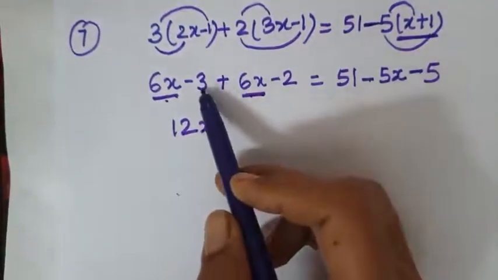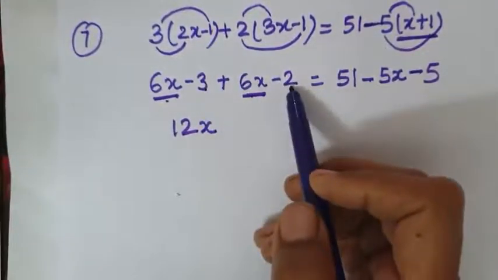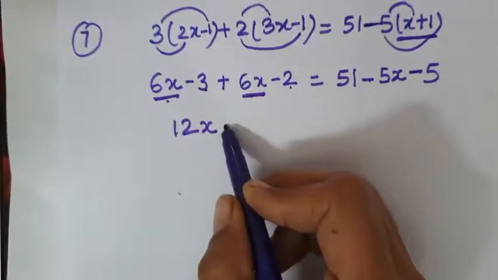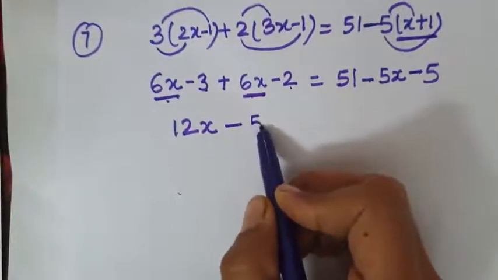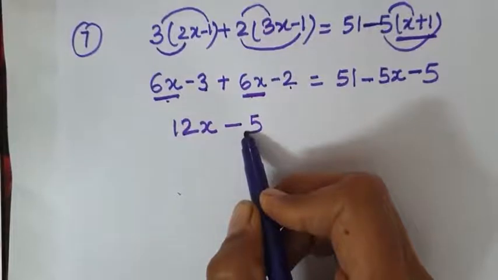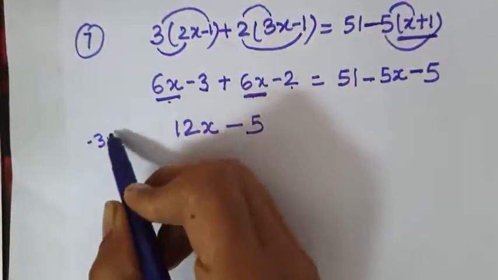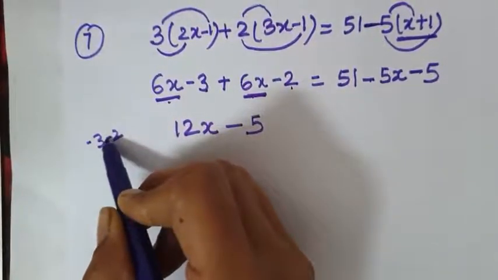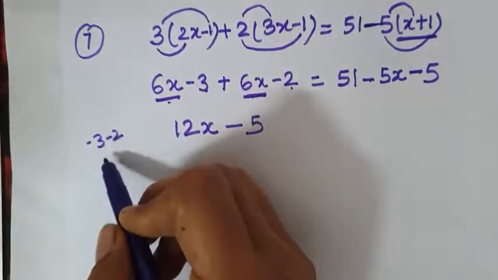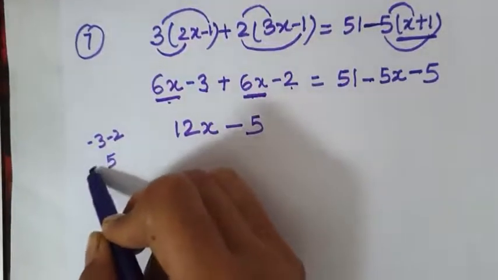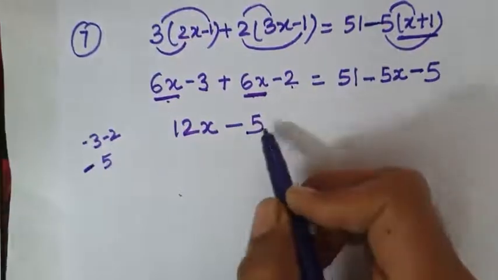Now minus 3 minus 2 will give you minus 5. Minus 3 minus 2: minus minus plus, we will do plus and the negative sign will come.